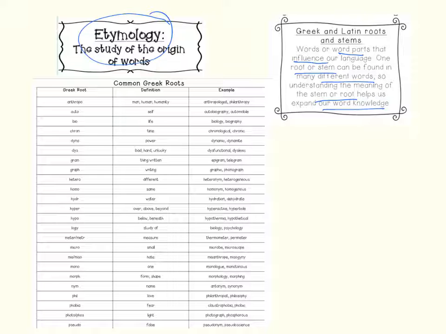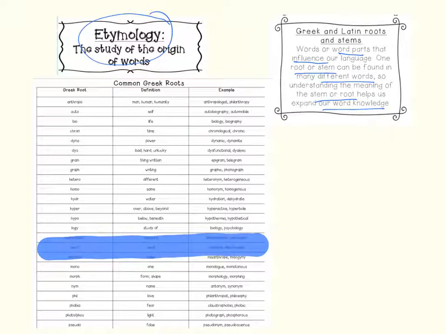And so we have this fabulous chart, and look right here. Here's micro. Micro means small. We find it in words such as microscope, microscopic, microbe, and even in microprogression.